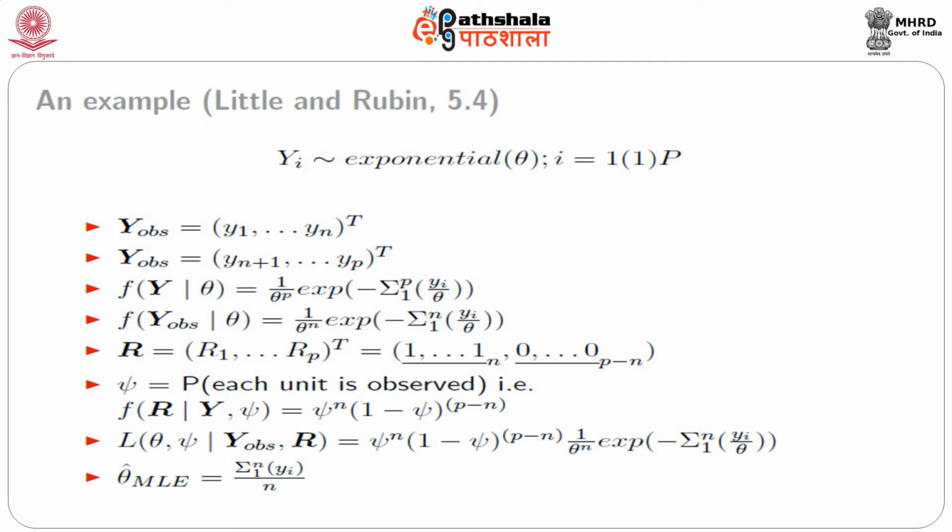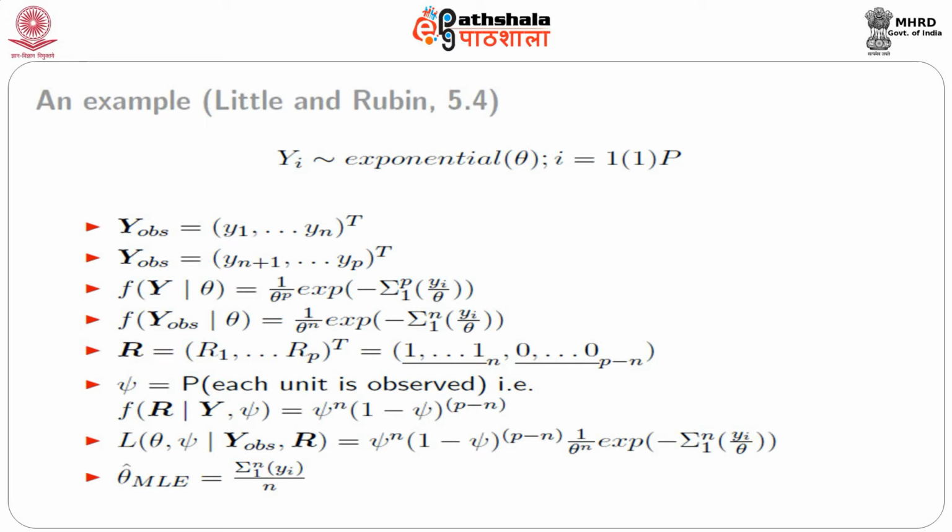And f of y observed given theta is 1 by theta to the power n, exp, and here it is exactly the same, the only difference is that for the first it is summation up to p, for the second it is summation up to n. We define r equal to r1 to rp, which is like the first n ones and the remaining p minus n zeros.